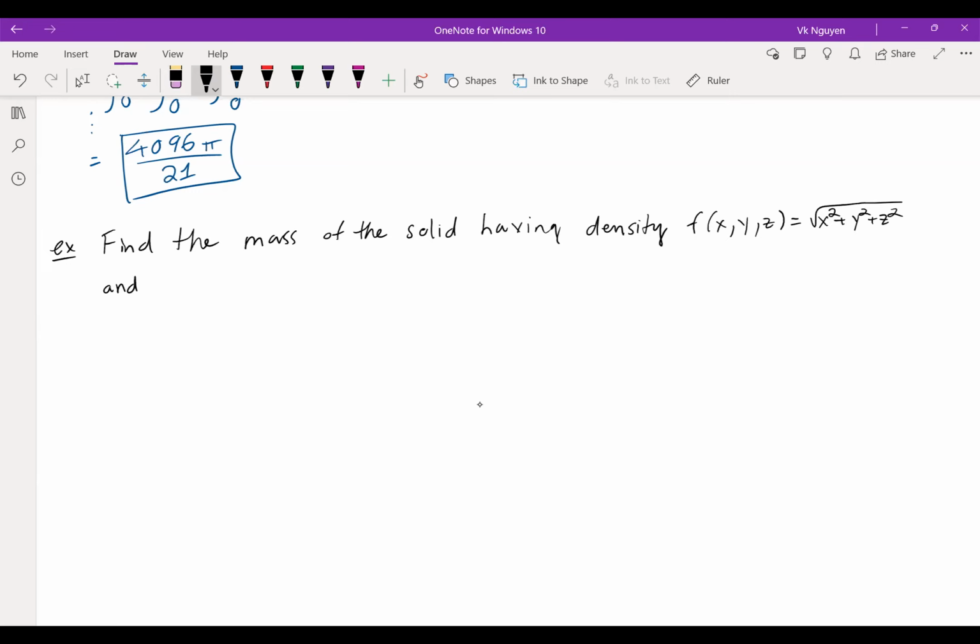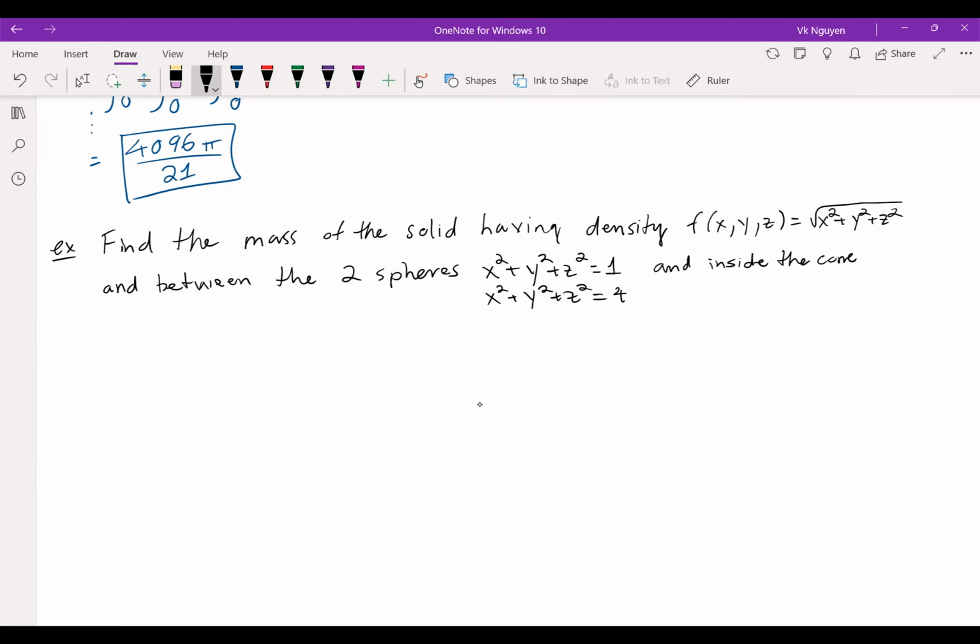And the solid lies between the two spheres and inside the cone z equals root x squared plus y squared.